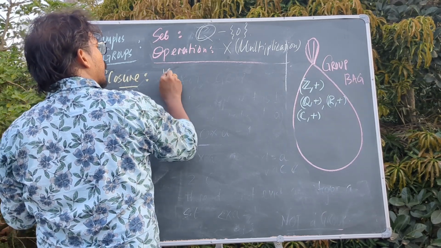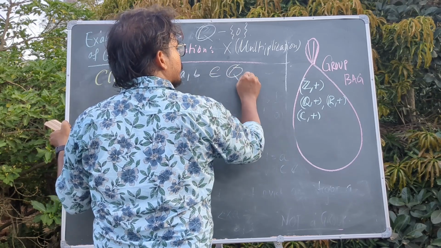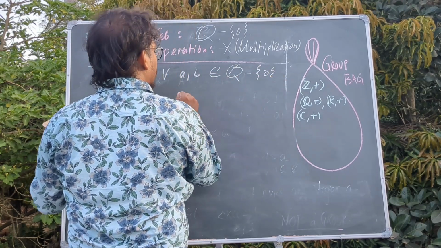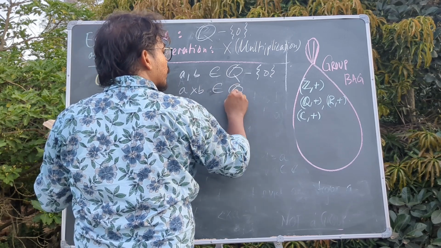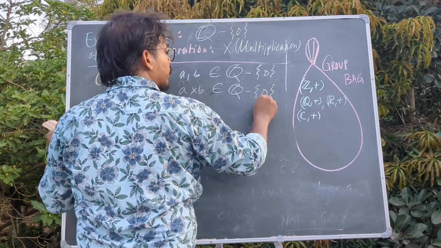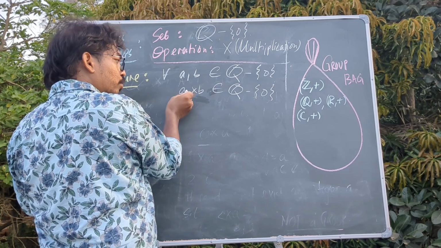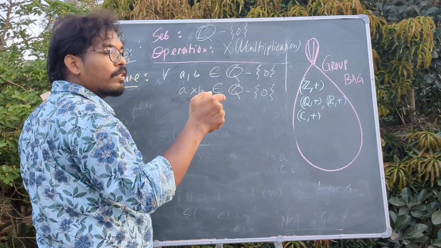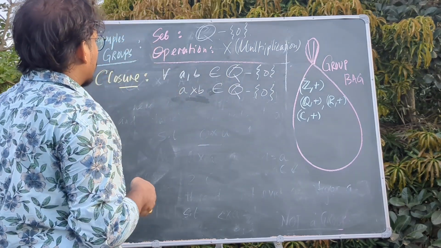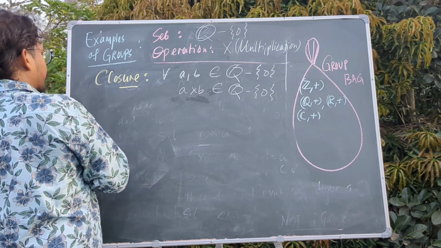For all a, b belonging to the non-zero rationals, their product is also a non-zero rational. We can't have 0 here because a is non-zero and b is non-zero. If a times b is 0, then one of them has to be 0. So closure holds.